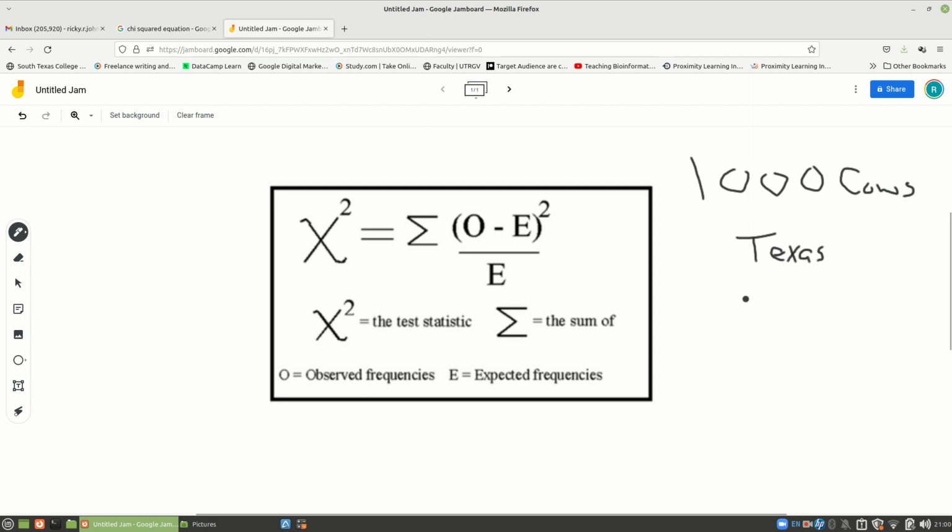In Texas, let's say 200 of those cows are white. Their fur is white. And 800 of them are kind of brown. The technical name for it is roan. They're kind of a reddish brown color. No big deal: 200 white cows, 800 roan cows.